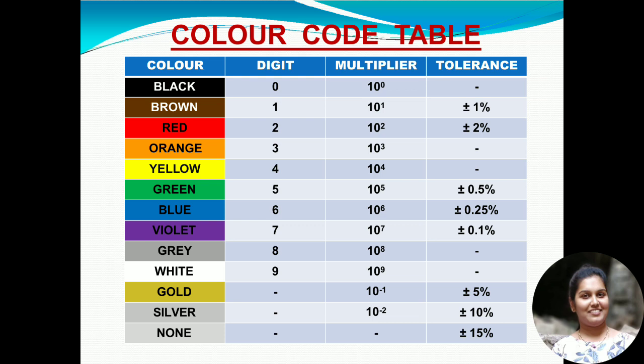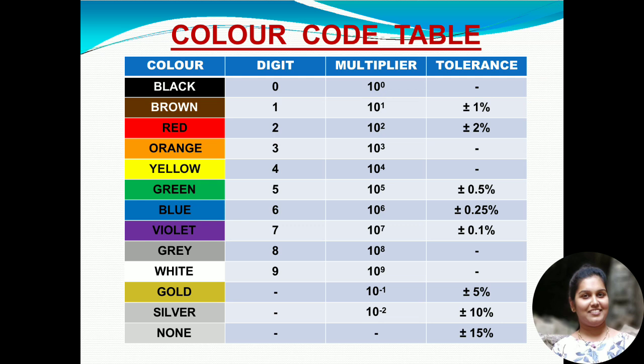So altogether, the value of the resistor is 10 into 10 square plus or minus 5%, that is 1 kilo ohm plus or minus 5%. The bands brown, black, red and gold give us a value of 1 kilo ohm with plus or minus 5% tolerance.